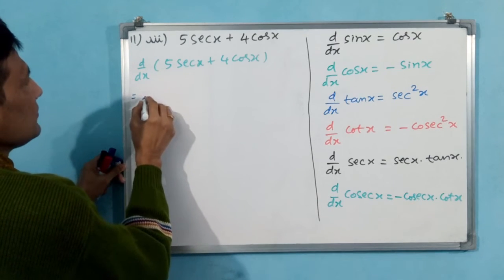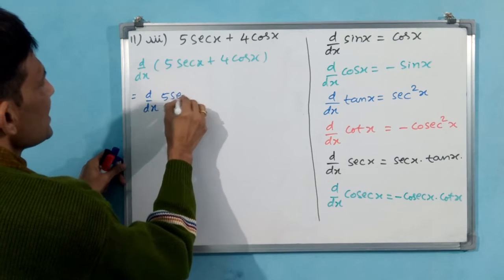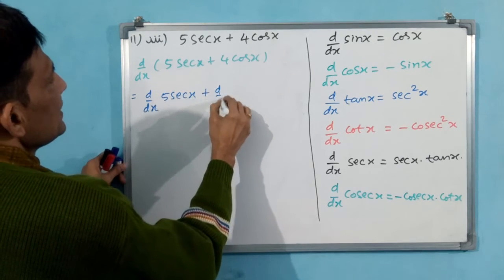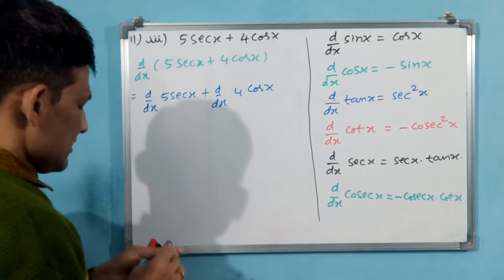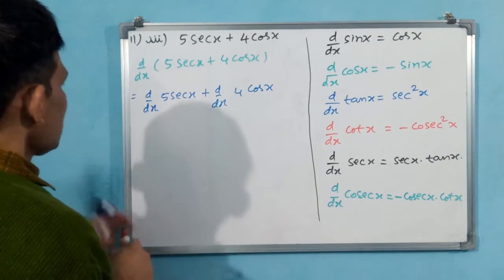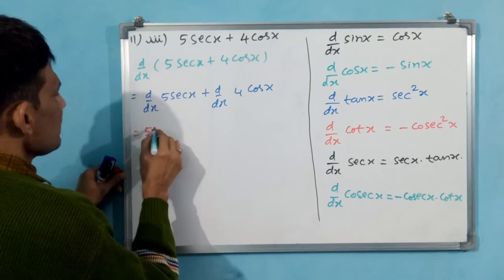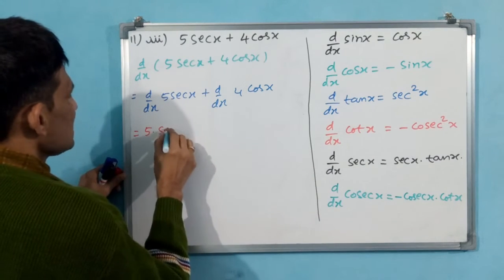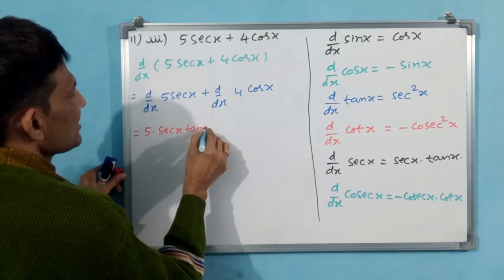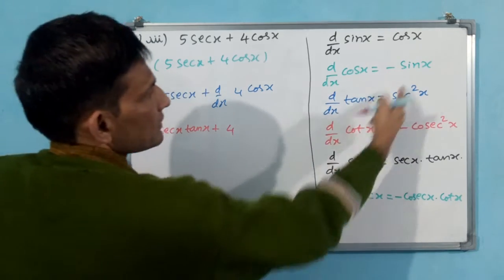That is equal to d by dx of 5 secant x plus d by dx of 4 cos x. In the next step, 5 into secant x means 5 secant x tan x, plus d by dx of 4 into cos x, which is minus sin x.